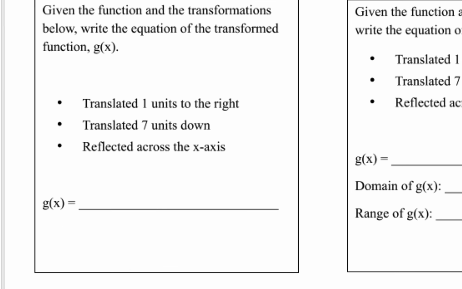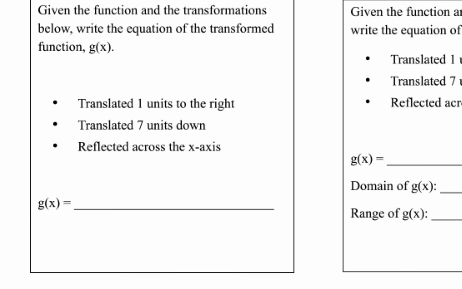So this is based on the transformations. Now, for this one, it indicates given the function and the transformations below, write the equation of the transformed function g of x. Now, this one is based on f of x is equal to 3 to the power x. So that's the original function.